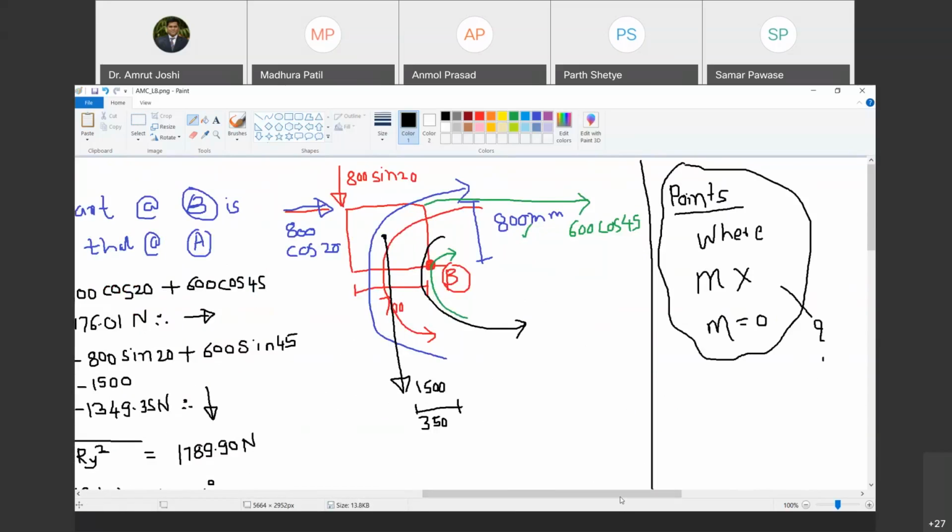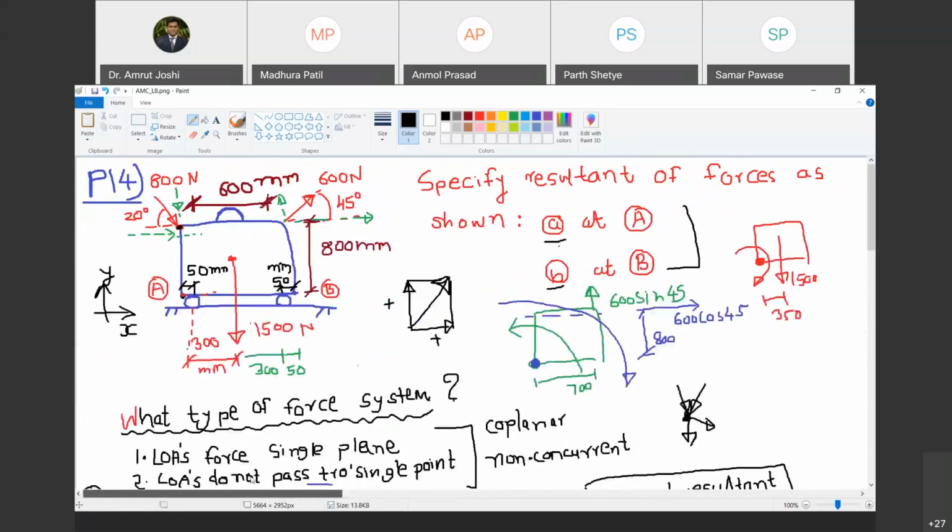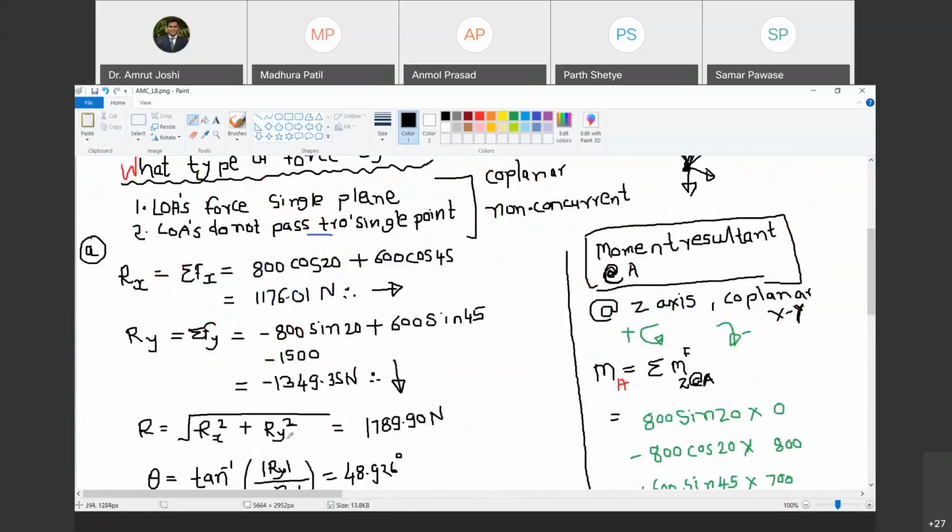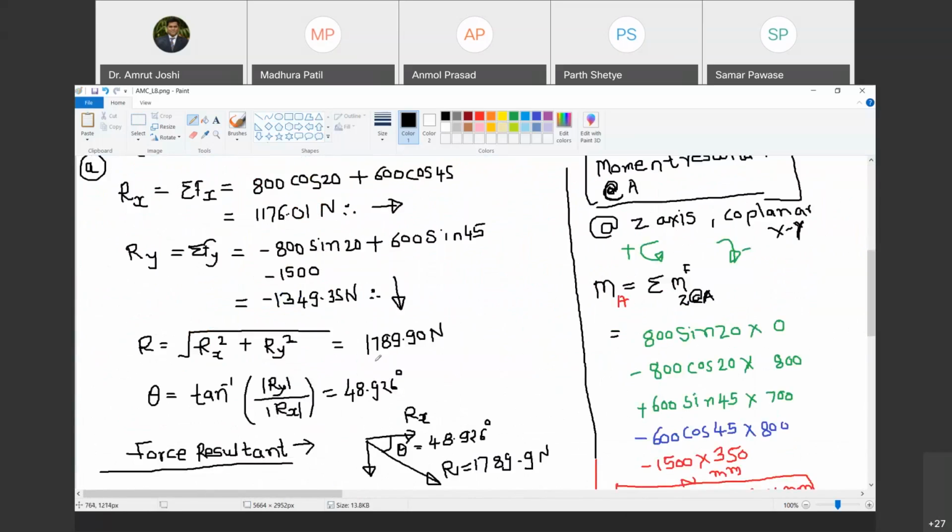I want to find out the locus of all those points where, if I place the force resultant, the moment resultant vanishes. Are you with me? Yes, sir. It means at that point there will be only the force resultant of this system, and no moment resultant. Are you with me? Yes, sir.